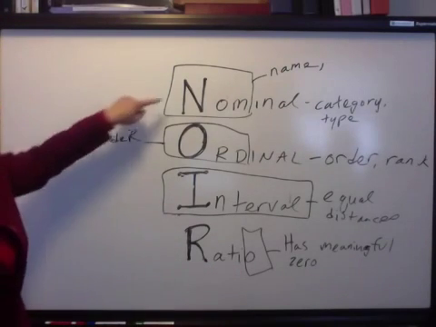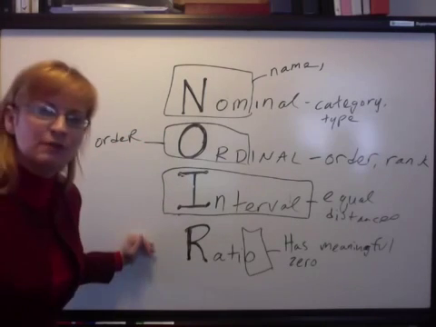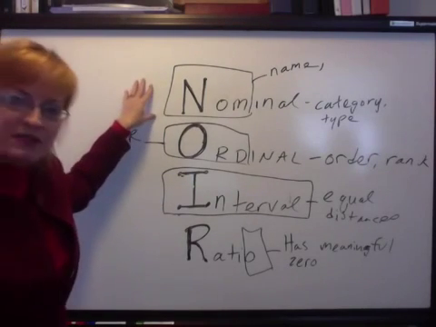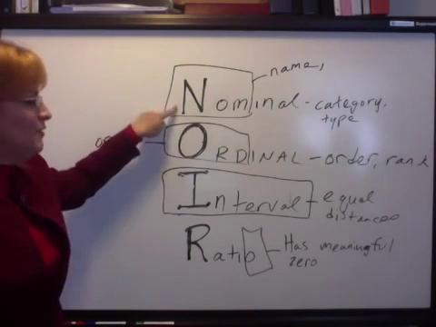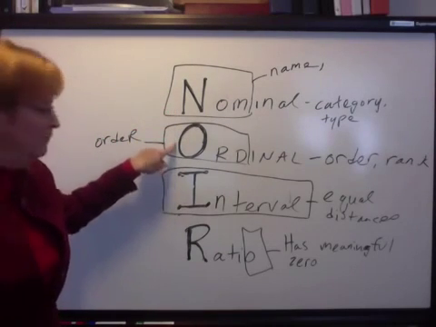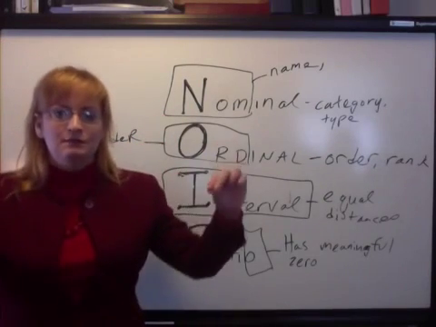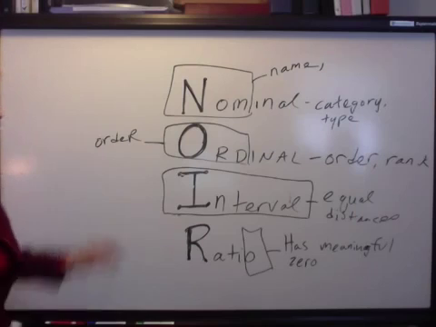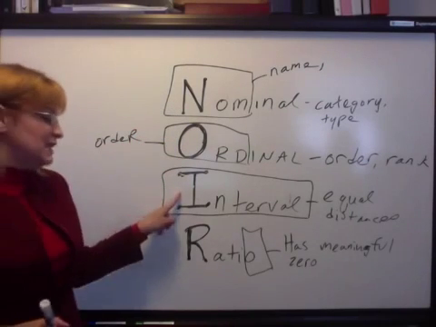So you want to remember NOIR, because with each of these you're adding more information that you're measuring. With nominal, all you're measuring is the category or the name or the label. With ordinal, you're not only naming things, but you're putting them in order. With interval, you're naming and ordering, but also putting things in meaningful distances apart from each other. And on ratio, you're not only naming, ordering, and having equal intervals, but there's an absolute 0.